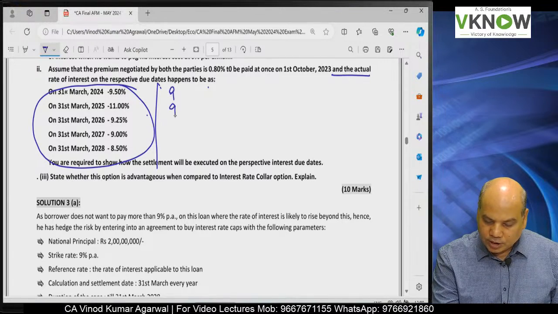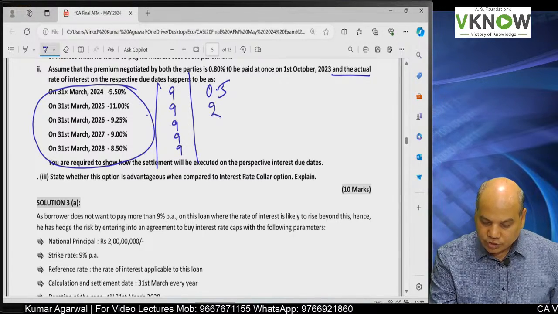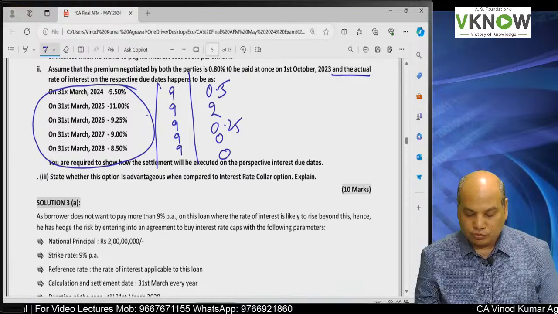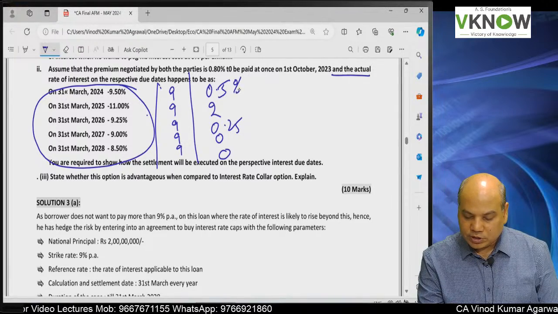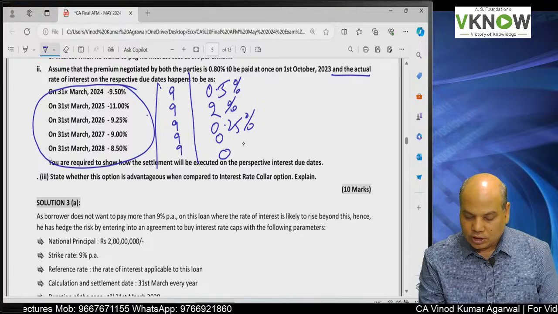We are going to compare this with 9%. If it has gone above, then we are going to get the difference. If it is going below or equal, we are not going to get anything. So we are going to get 0.5% difference, 2% difference, 0.25% difference, and we are not going to get anything in the last two columns.